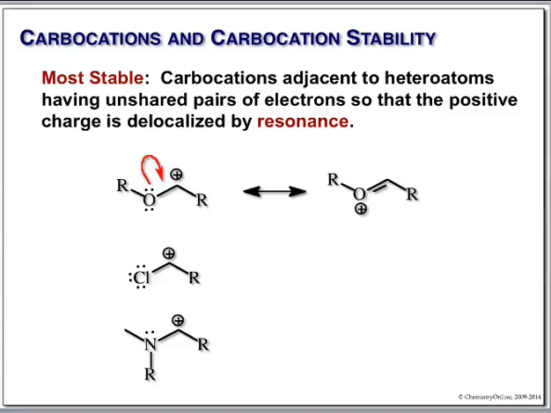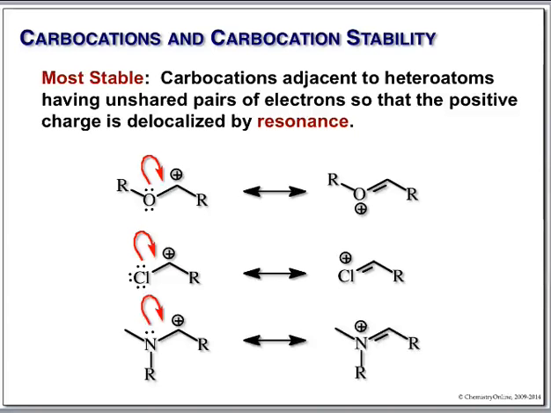The chlorine we saw in the previous example, this goes in to form a chloronium ion, and the most stable in the bunch is if you have a nitrogen. Nitrogen would form this ammonium ion. Now, we've all heard of ammonium ions, haven't we? Ammonium ions are very common. Ammonium, NH4, very stable species.